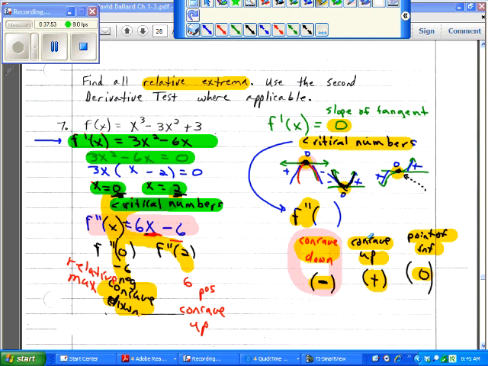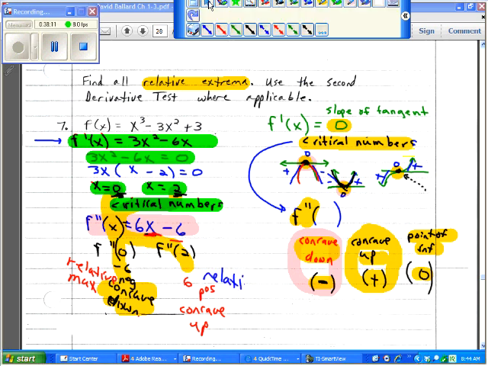And if the second derivative is positive and it's concave up, then at that point there is a relative minimum. All right. Any questions on that?